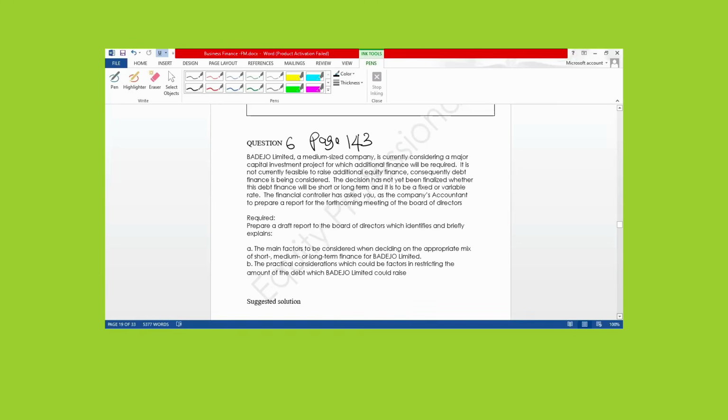What are the factors we are going to consider? If you are looking at appropriate mix, how do I combine my short-term fund, medium-term fund, and long-term fund?